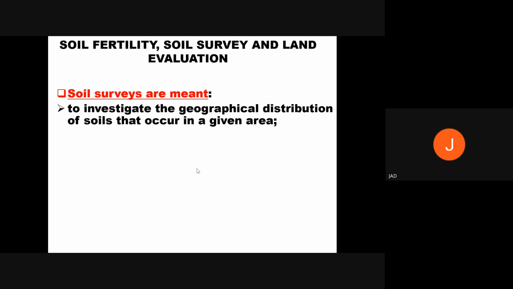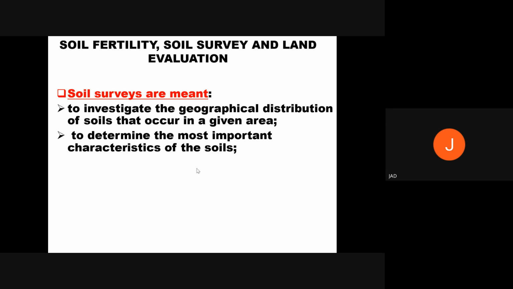A soil survey is to investigate the geographic distribution of soil that occur in a given area. And that is very, very important. It helps you to identify and locate where certain soil types can be found.